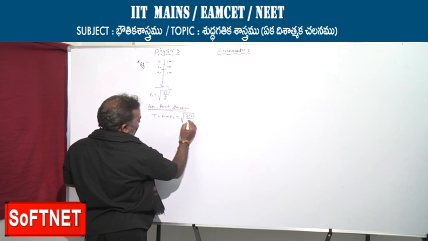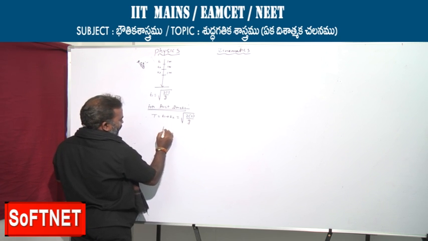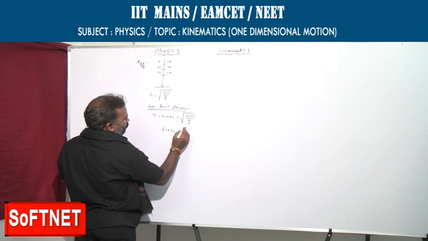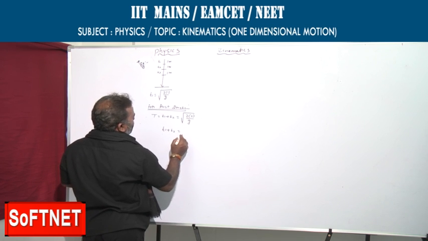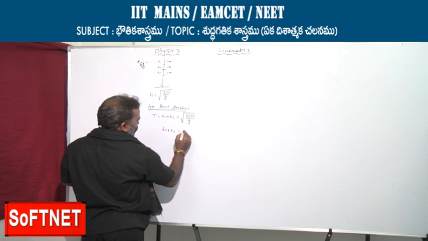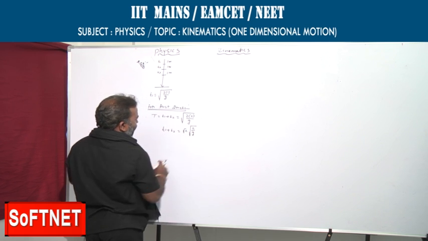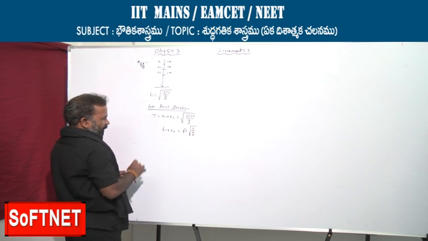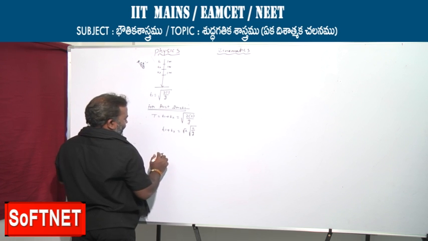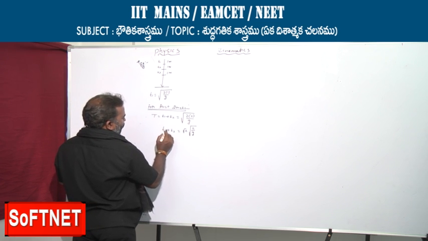so 2h by g. So t1 plus t2 is equal to, we already got root of 2 by g is t1. So T1 plus t2 will be root 2 into root of 2 by g. What is the total time we are taking?